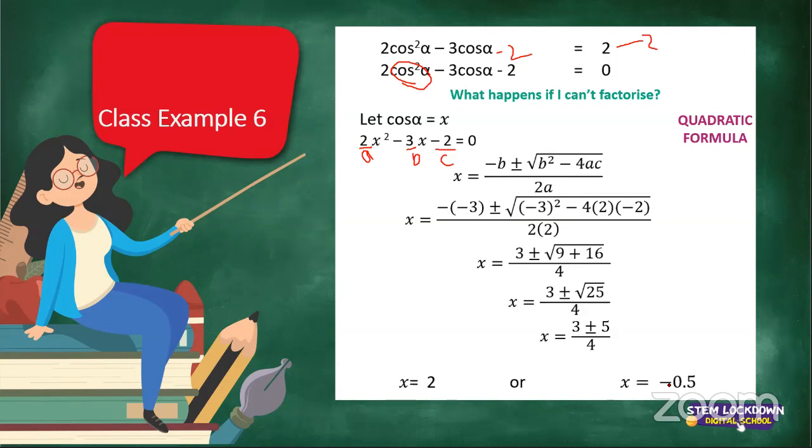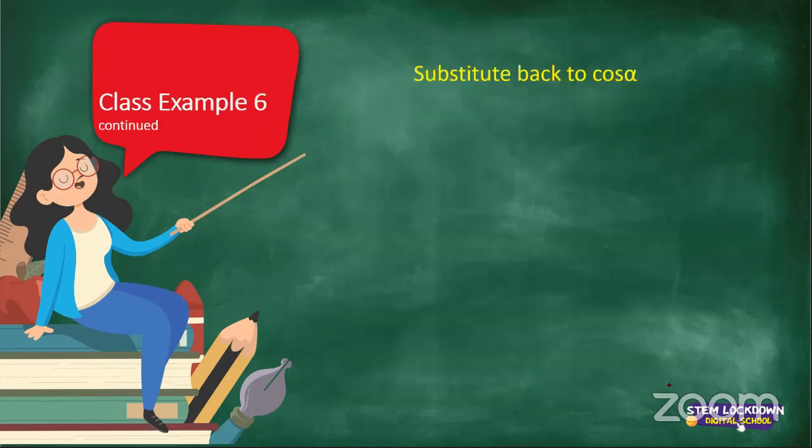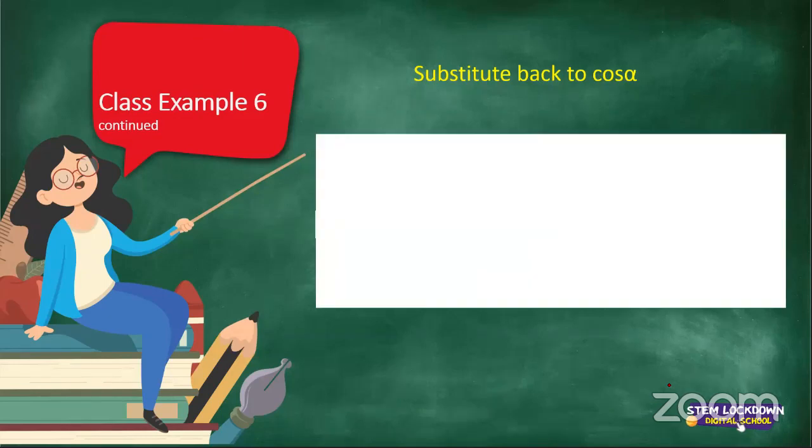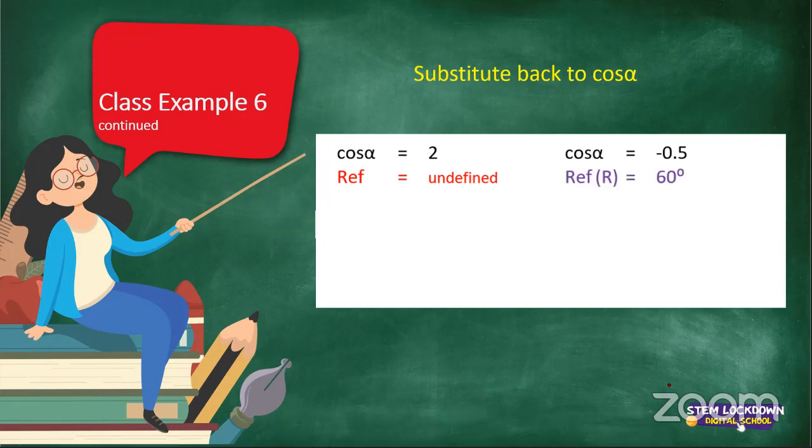From this point on, what I did, I substituted the x back to cos of alpha, and I came out like that, right? When you do that, it becomes simple all over again. It looks all kinds of familiar all over again. If we try to find our reference angles, a cos alpha of 2 is undefined, even 1 is undefined, guys. And so that means we will be working with this side only, the right side only.